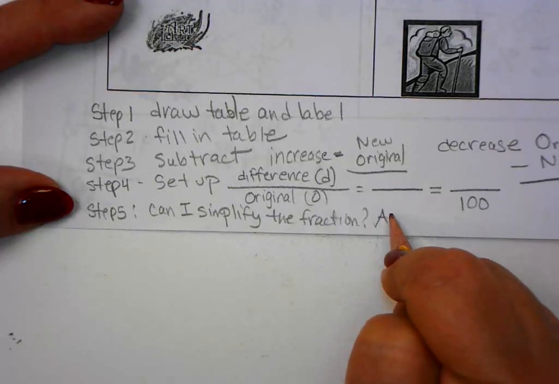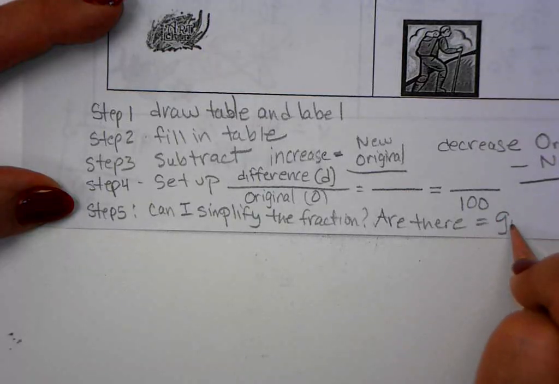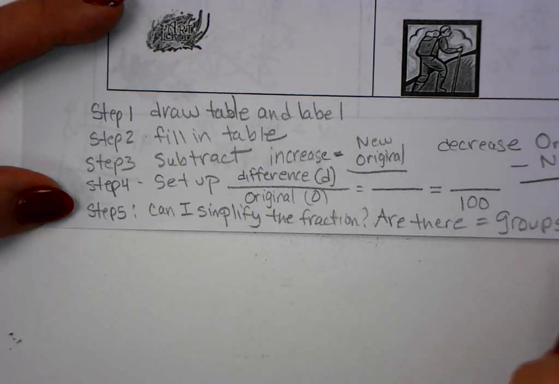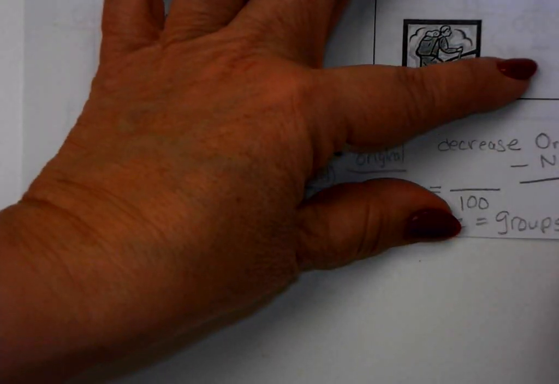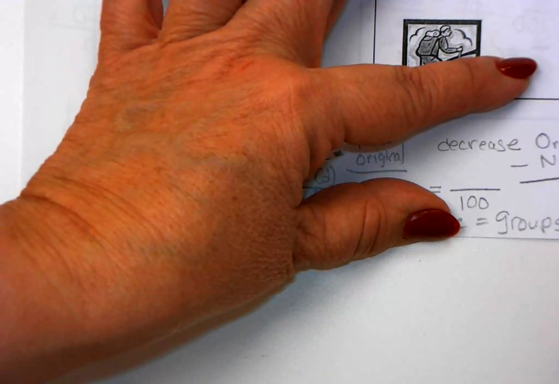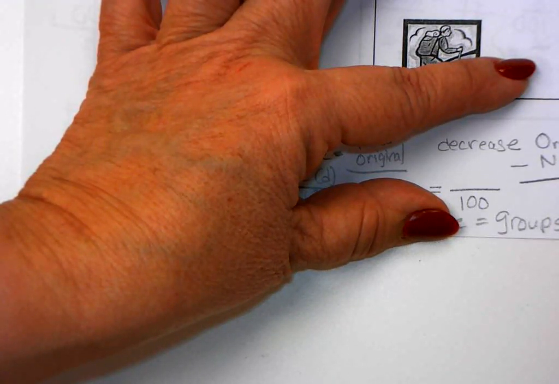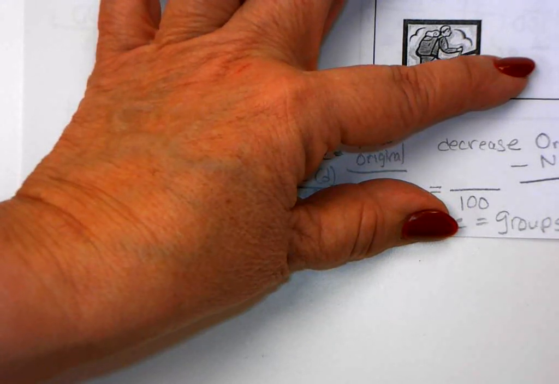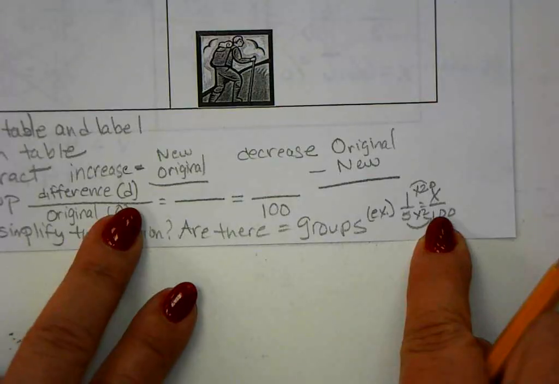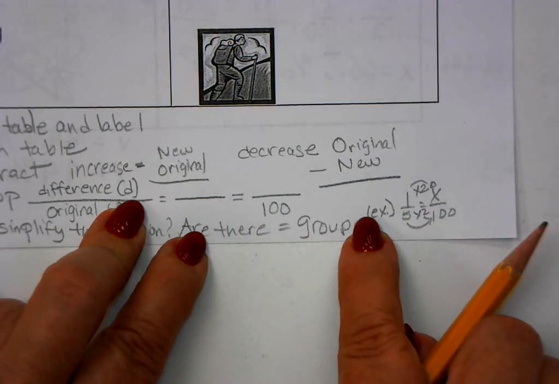Are there equal groups? So remember, this is an example.